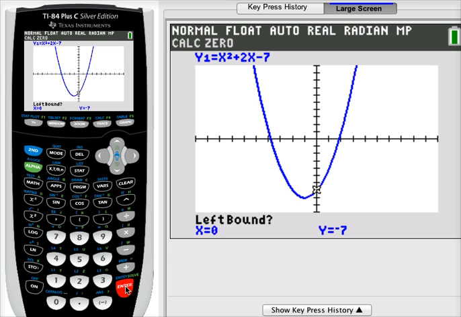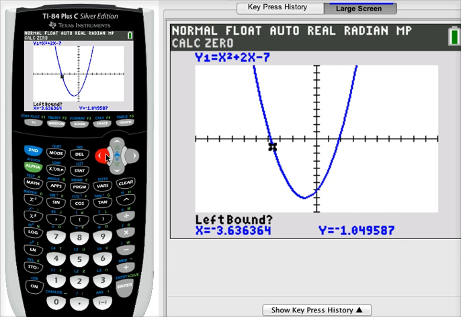So I'm going to hit enter. Now it brings up the same cursor and is asking for the same thing. So from this point on, it is identical. Where I think the zeros are, I need to find the left bound, the right bound, and then it'll fully calculate it for me.